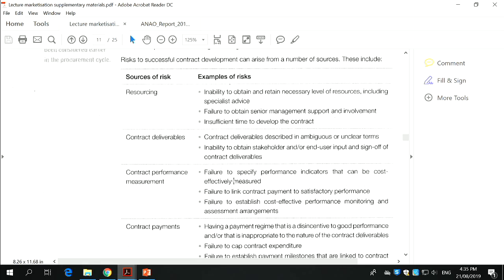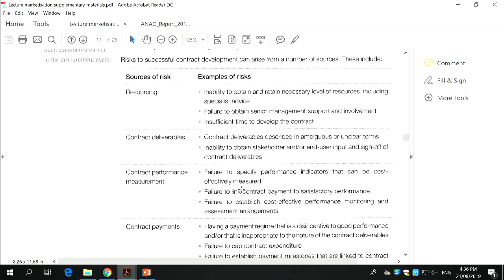Contract performance measurement is very important. So some of the risks may relate to the failure to specify performance indicators, right, that can be cost effectively measured, or failure to link contract payment to satisfactory performance. So this is really a very huge risk for the government, right? Because the government has to consider the quality of services, right?